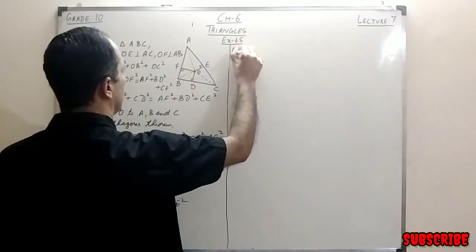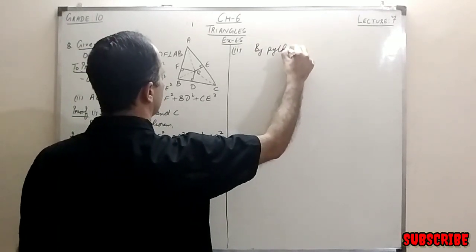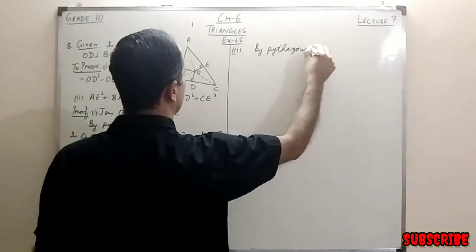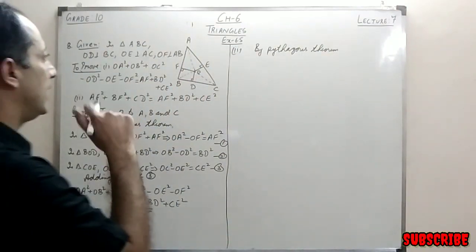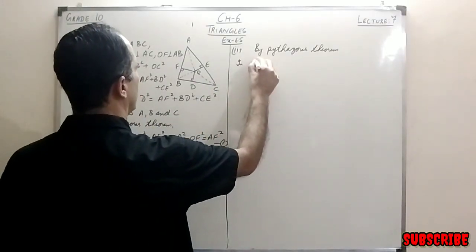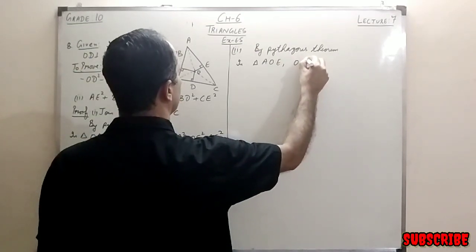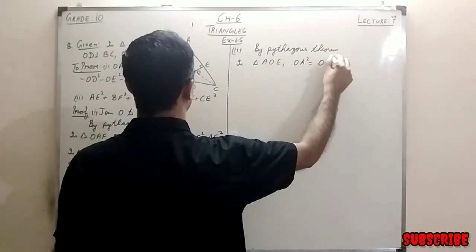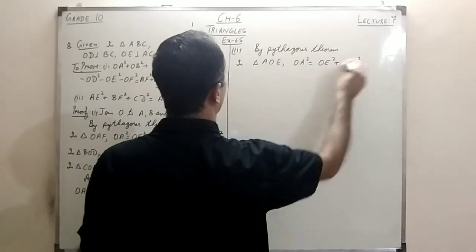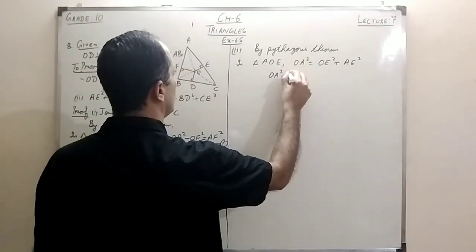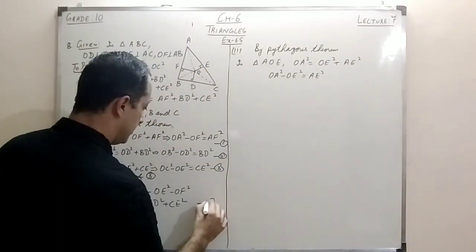So by Pythagoras theorem, I take triangle AOE first. OA square is equal to OE square plus AE square. And from here I can write OA square minus OE square is equal to AE square. I put this as number 5.